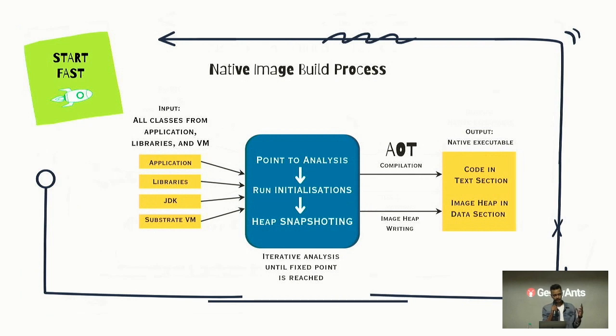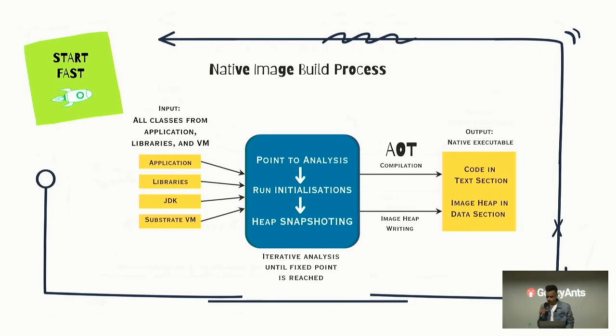You might be wondering what heap snapshotting is and what its work is. Basically, GraalVM takes one snapshot of your heap so that it can predict how much resource will be required for that particular native executable, and it will allocate only that much, so that additional resources will not be wasted at runtime.